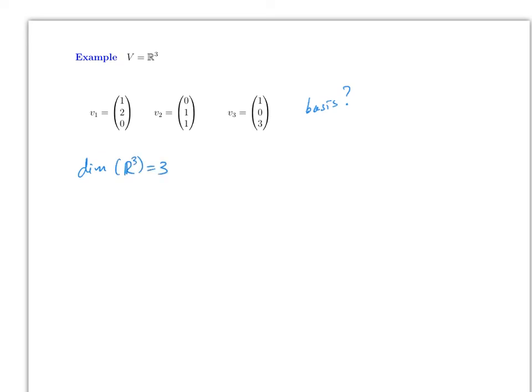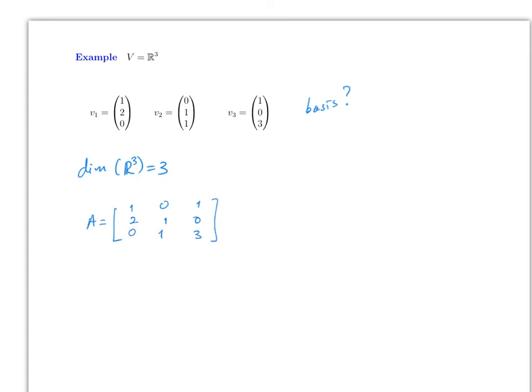So technically, all you have to do is check if these 3 vectors are linearly independent. If the vectors are linearly independent, then since the number of vectors matches the dimension, this will be a basis. All right, so here, if you create the matrix A, it will be 1, 0, 1, 2, 1, 0, 0, 1, 3.